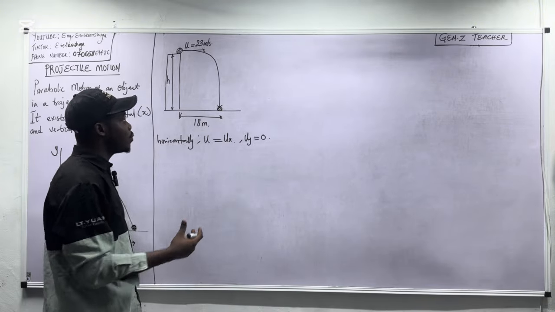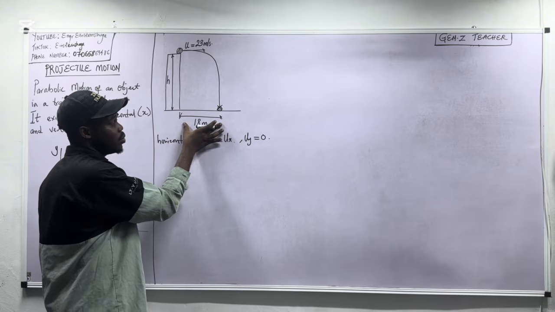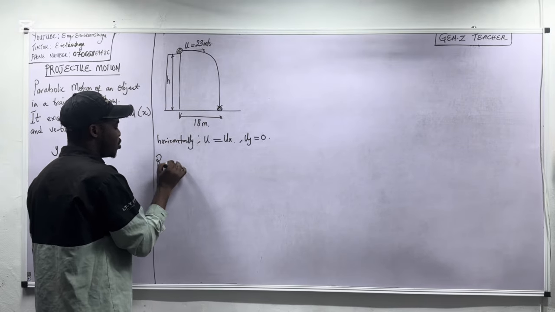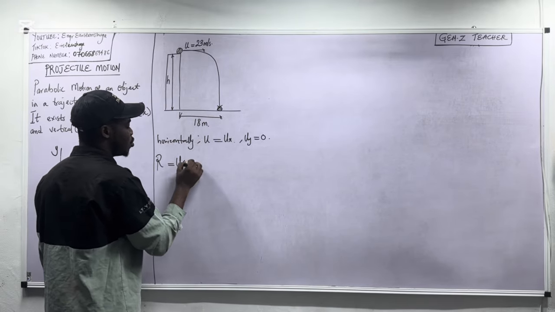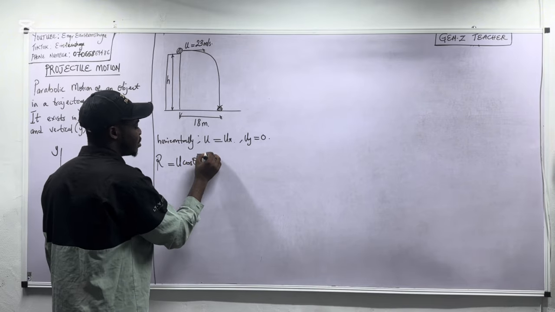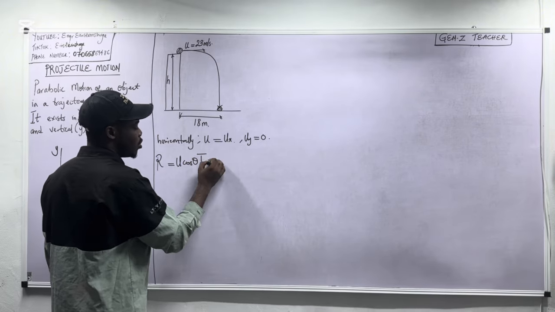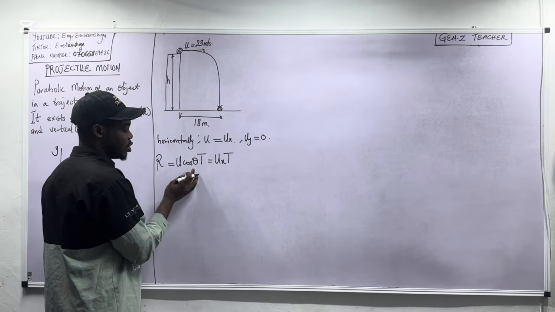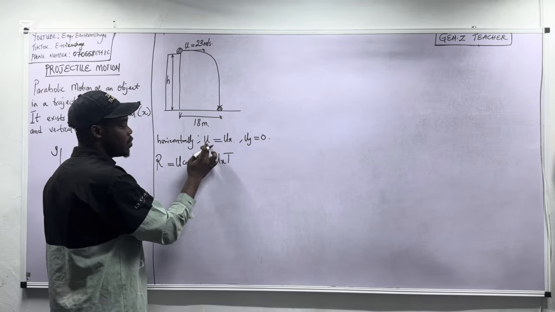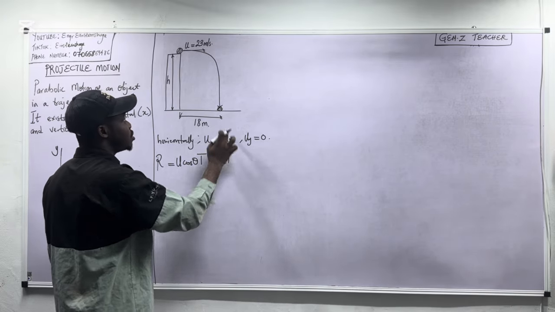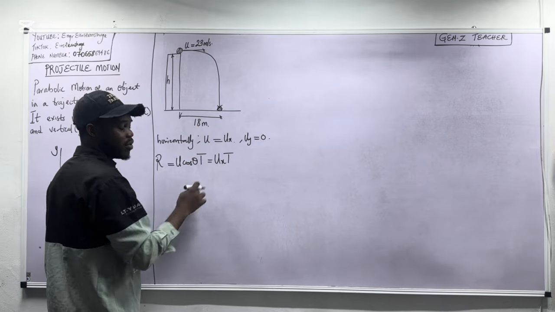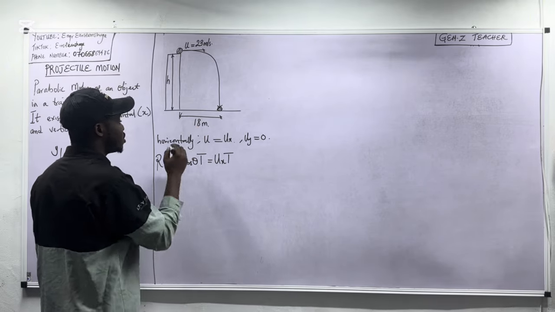Now, since we have this already, we can go further to solve by bringing out the equations we have. Since we have the range, we can find t. Recall, r equals u cos theta times t, or r equals uxt, because ux is u cos theta. We were given u, which is ux, as 23, and the range r as 18, so we can find the time of flight.